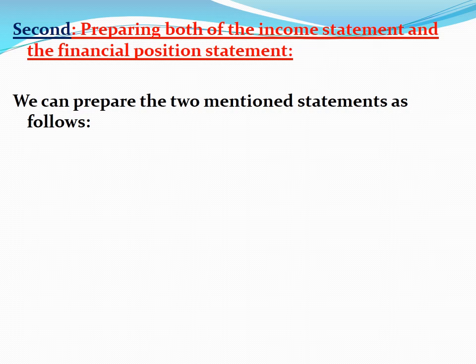Then all the items you adjusted as assets, liabilities, or equity will appear in the financial position statement. There are some items that appeared in the trial balance with no adjustment, no clarification in step 1, so you have to put them in their places.